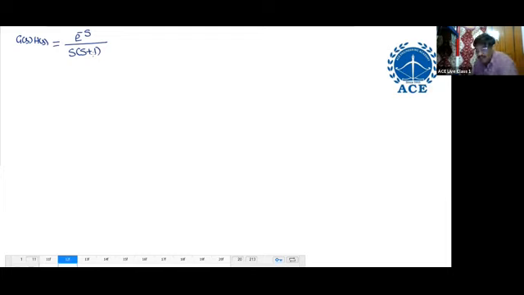Don't expand the exponential term. When there is a standard procedure, you should never go by approximation.